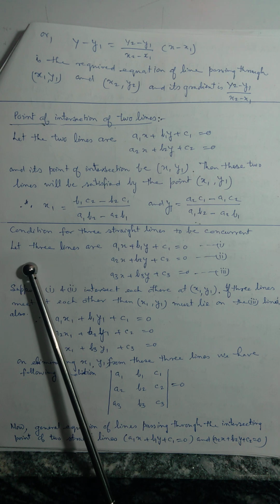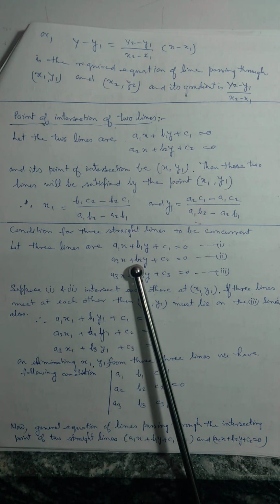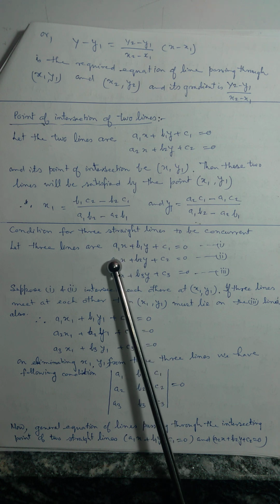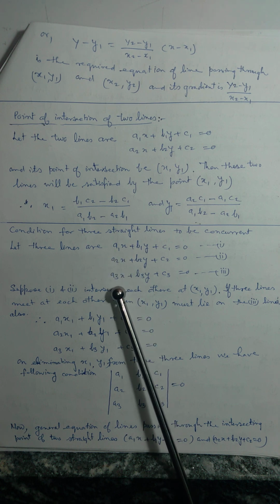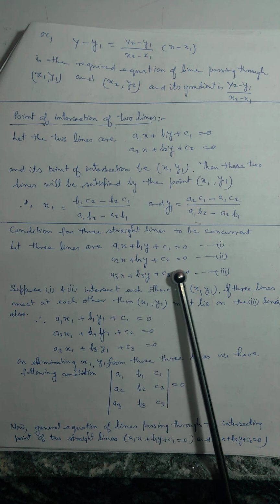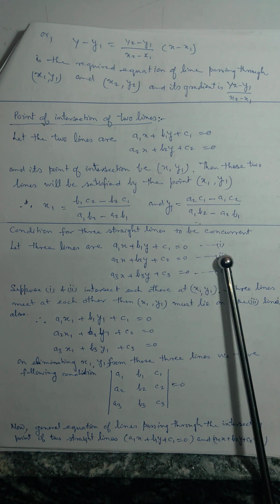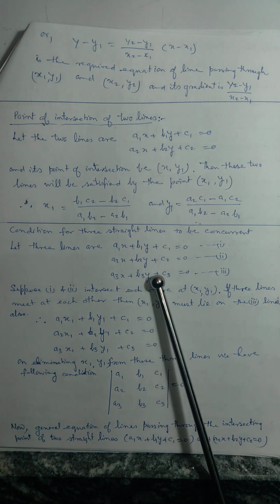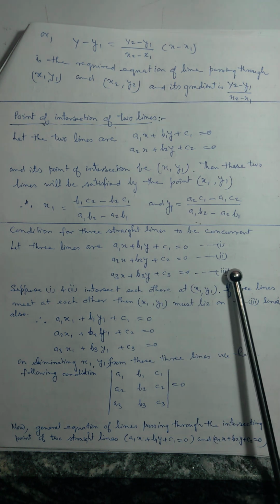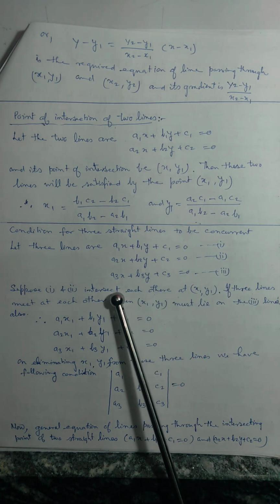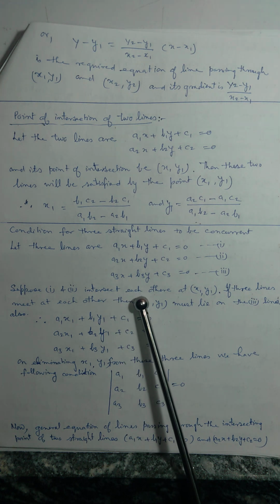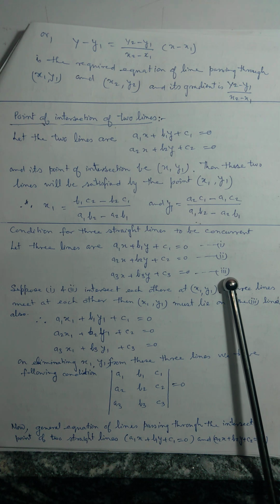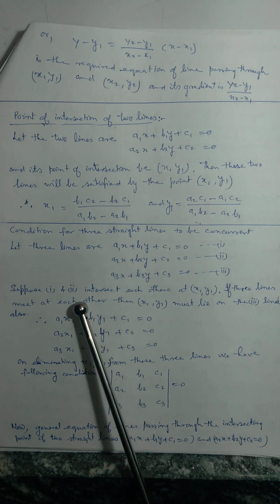Let the three lines be a1x plus b1y plus c1 equal to 0, that is the first equation. The second equation is a2x plus b2y plus c2 equal to 0. And a3x plus b3y plus c3 equal to 0 is the third equation for the third line.